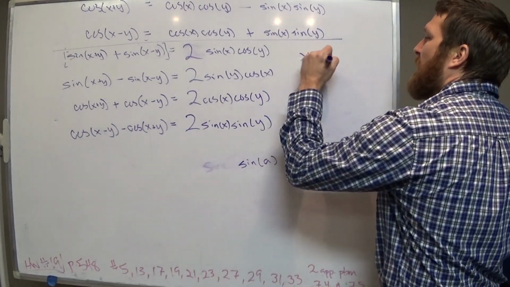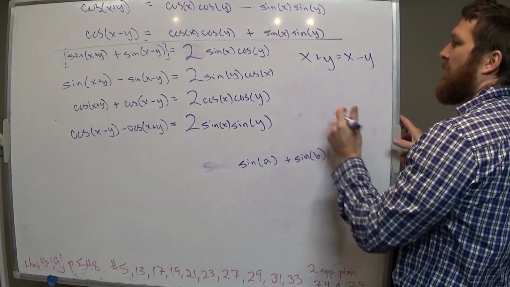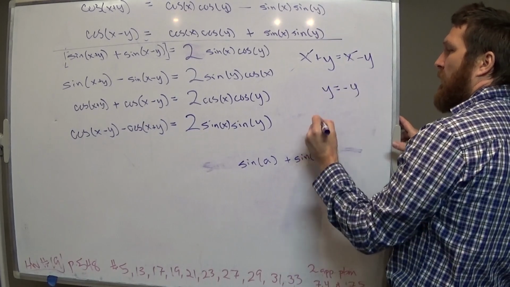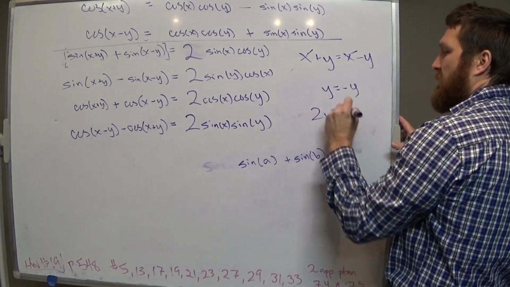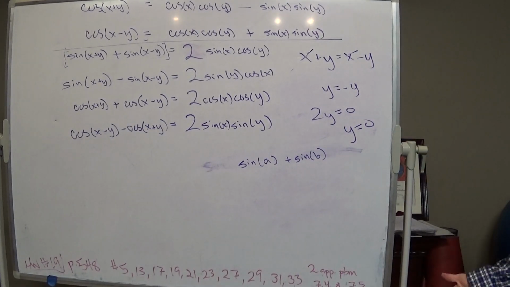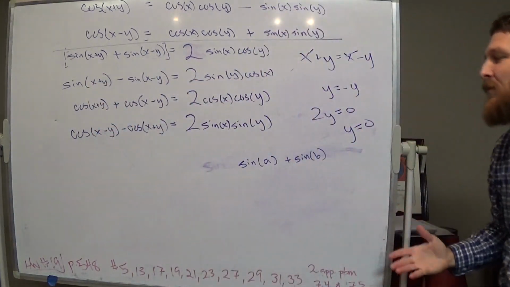I'm curious. x plus y equals x minus y. That's only going to happen whenever y is equal to negative y, or when 2y is equal to 0. So that's only going to work when y is equal to 0, in which case it's not there in the first place, so you wouldn't be doing that, right?